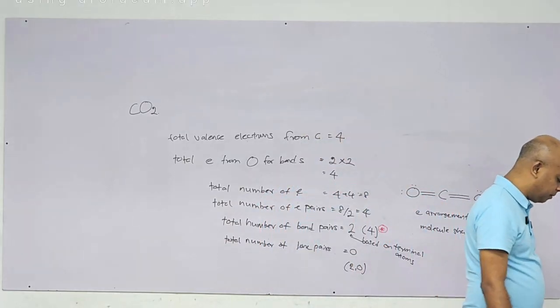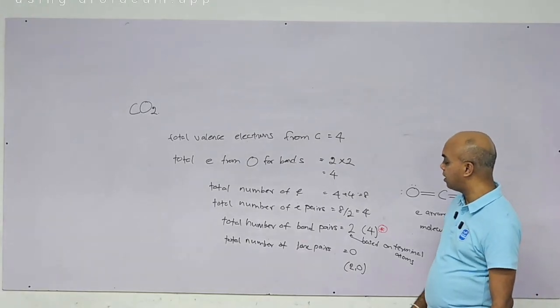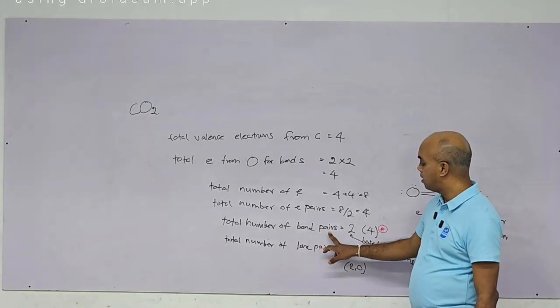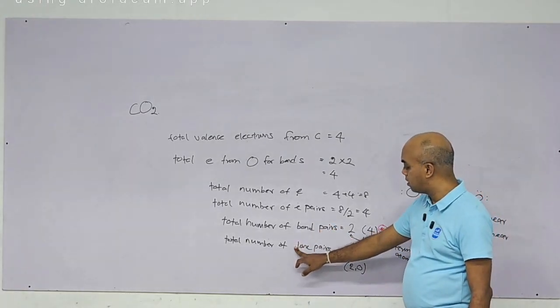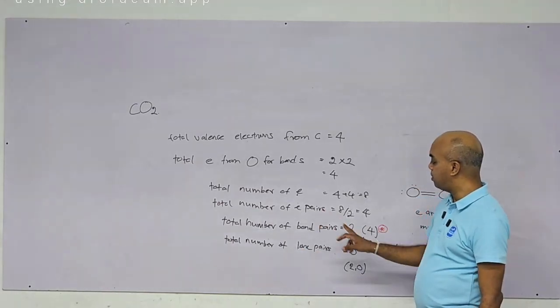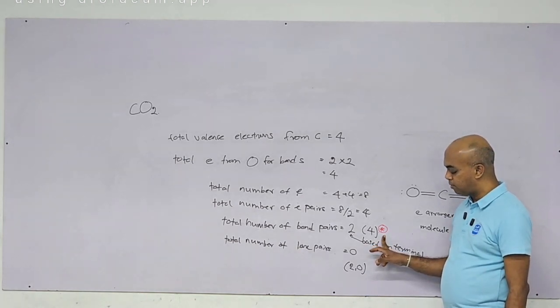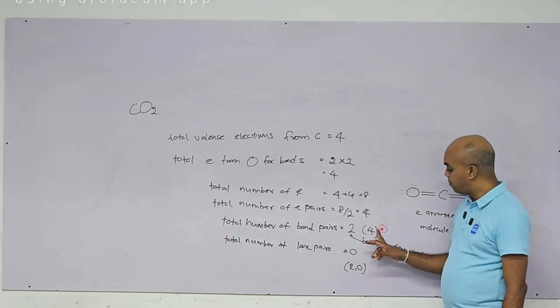Electron pairs should be allocated for the atoms based on the requirement.